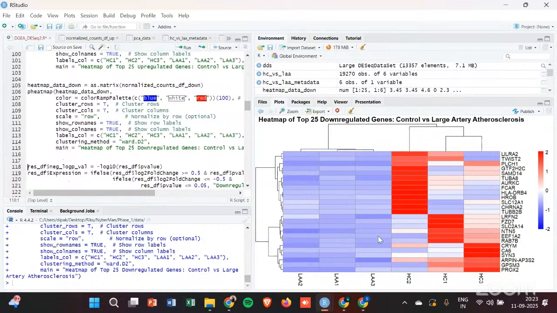In the most ideal scenario, you would see a completely blue block here and a completely red block here. But again, these are biological experiments data. They cannot be perfect, they cannot be ideal. So it is all based upon your interpretation. This to me is a good enough heat map.